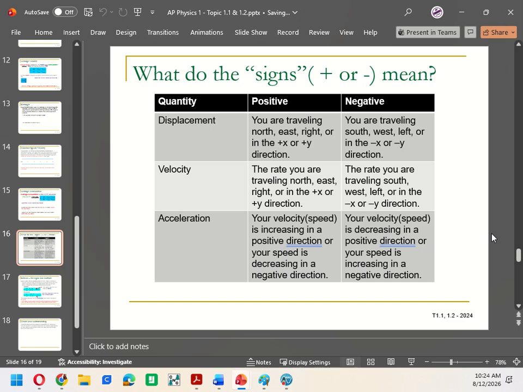Does that make sense? So when we say a positive velocity and a positive acceleration, then it goes up here, increasing and increasing. Now the next one, I'm going to go in the other direction, so it's going to be a negative velocity.